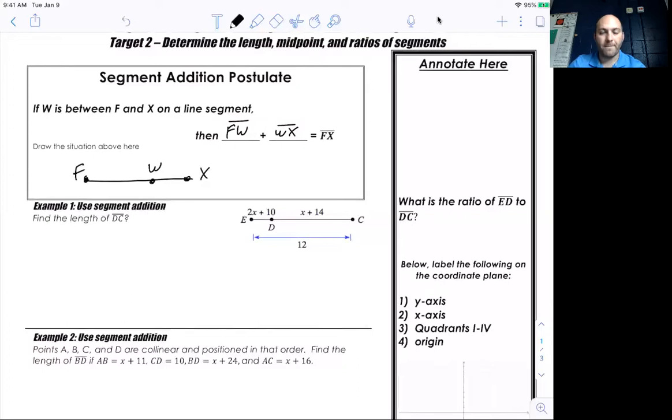If I have a shorter piece plus a shorter piece, it equals the longer piece. So the whole thing is 9. That's all.